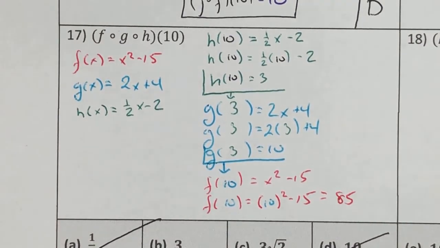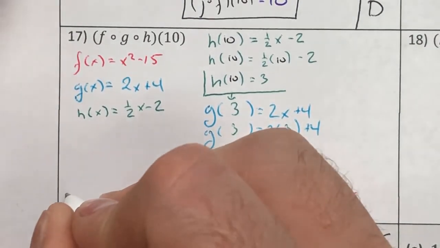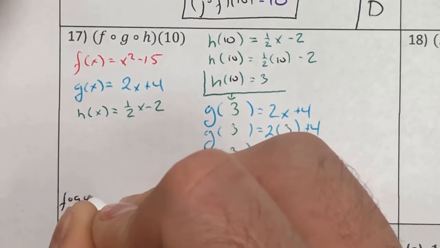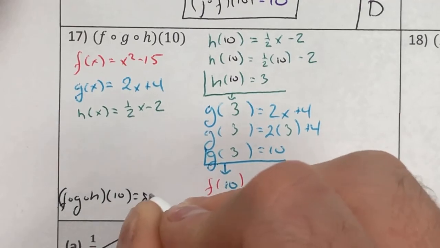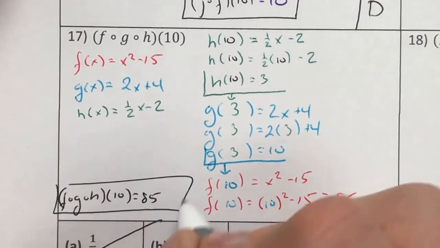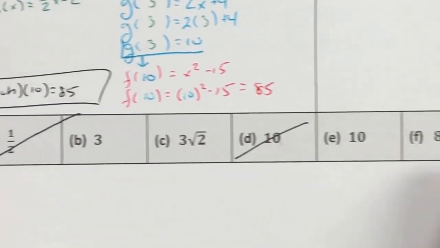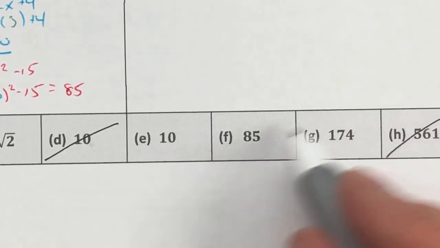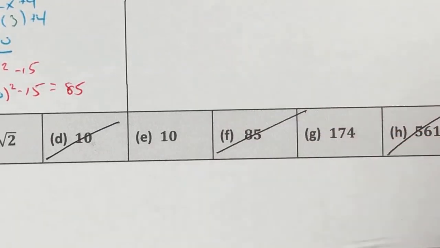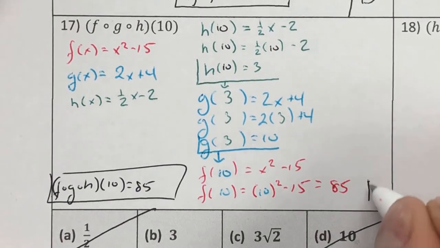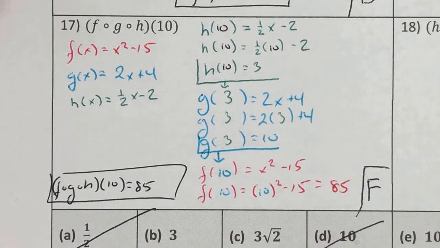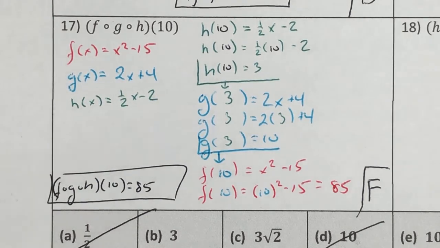So my full answer, if I want to write this out, f of g of h of 10 is 85, and let's check to see if that is one of our answers. Yep, it is F. Boom. And there we go. Function composition.